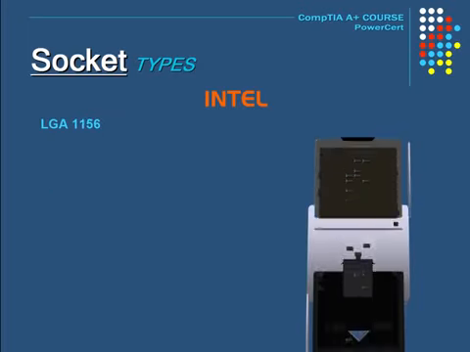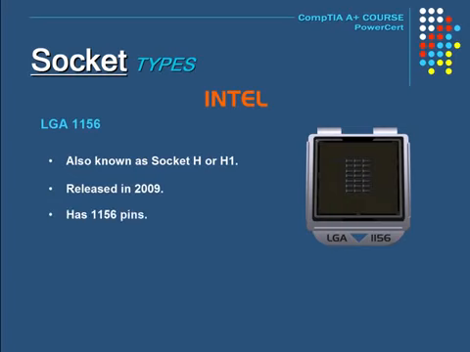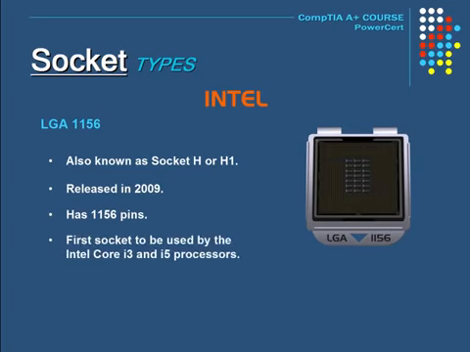The LGA 1156, which is also known as socket H or socket H1, was released in 2009, and this has 1156 pins, and this was the first socket to be used by the Intel Core i3 and i5 processors.